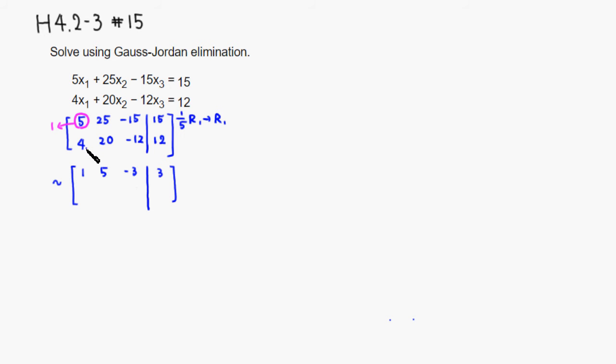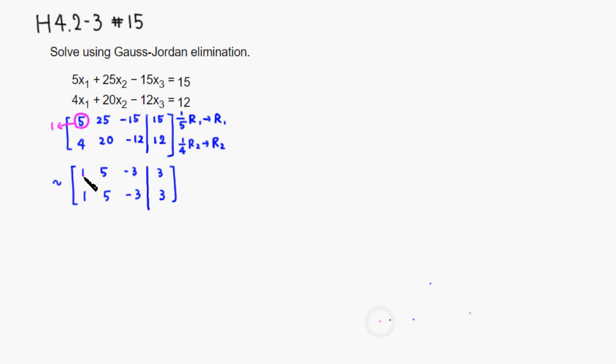I noticed that everything in the second row is a multiple of 4, so I'm going to divide row 2 by 4, just so that we don't have to deal with big numbers. 4 divided by 4 is 1, 20 divided by 4 is 5, negative 12 divided by 4 is negative 3, and 12 divided by 4 is 3. So we got that.